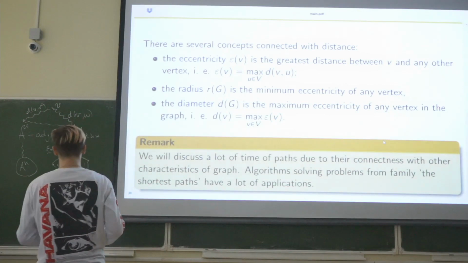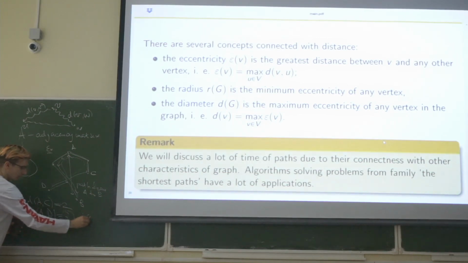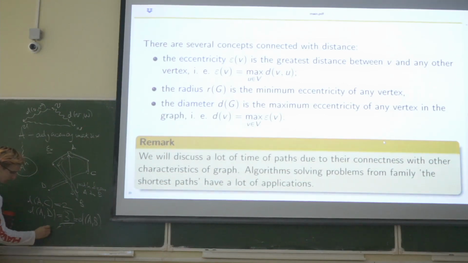And for example, we can see in this graph, yeah, the maximal distance will be between A and B, yeah? It's equal to 3. And other distances between 2 vertices from this graph are smaller than 3, yeah? So it's the diameter of the graph.